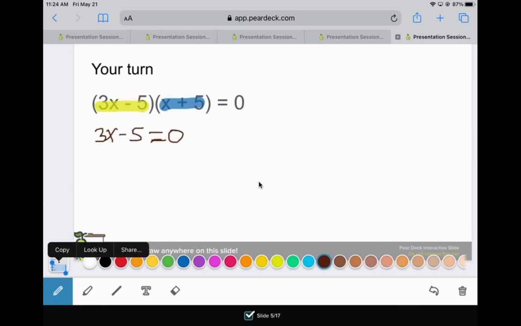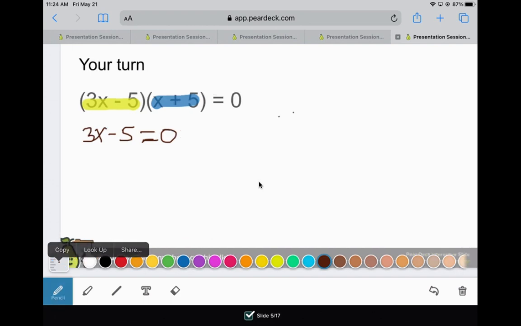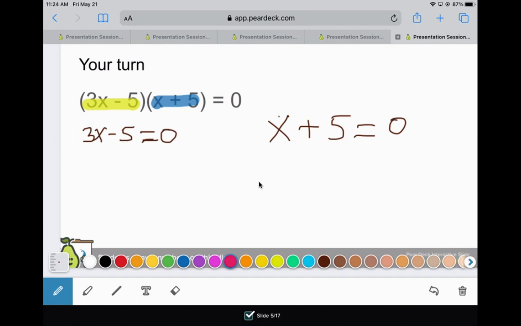Then I'm doing the same thing for my second expression, which is x plus 5 equals 0. Now I'm just solving the equation for each of them. So I would do plus 5. It doesn't matter which equation you solve for first. It's okay. The order is not important.